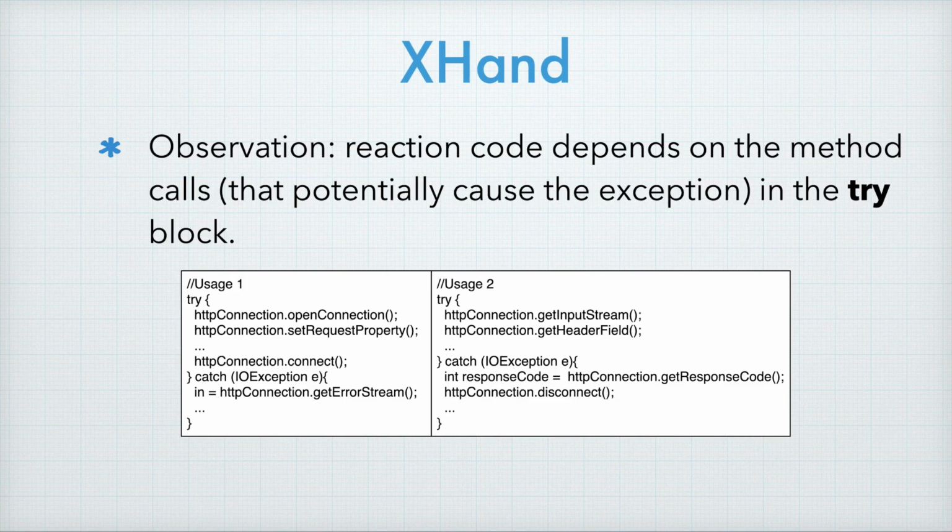Our observation is that the recovery code depends on the method call that potentially causes the exception in the try block. For example, in the example on the left here, given the method call in the try block, we want to predict that the method call in the catch block is get error stream, while given the method call in the try block in the example on the right here, we want to predict that the method calls are get response code and disconnect.